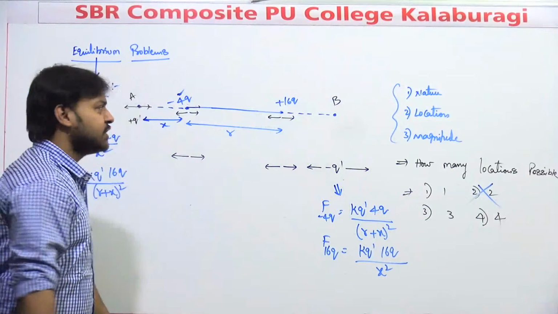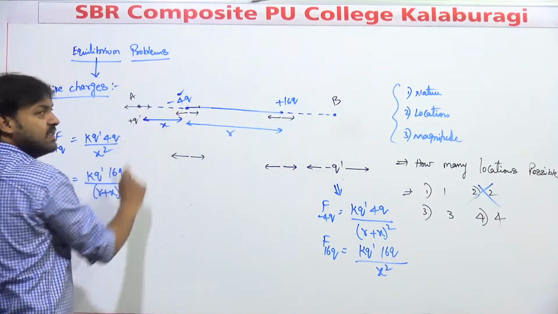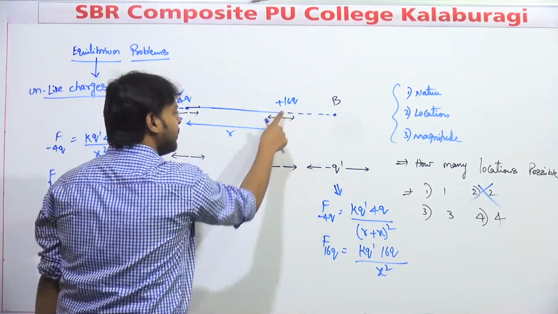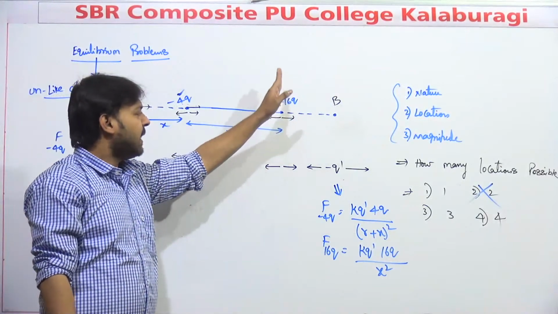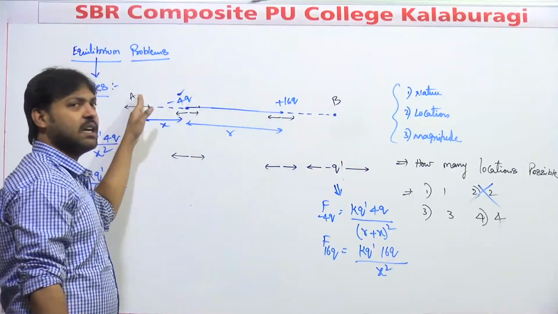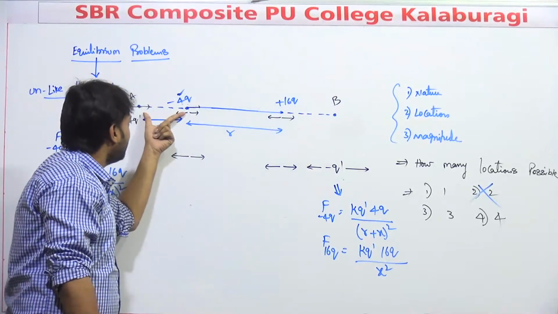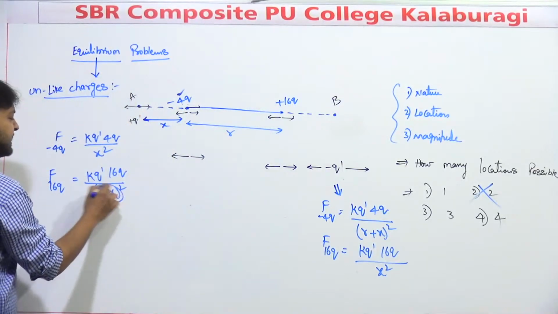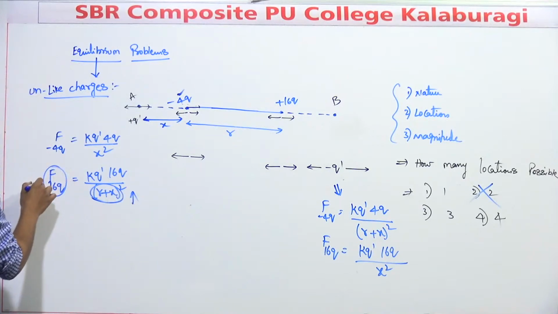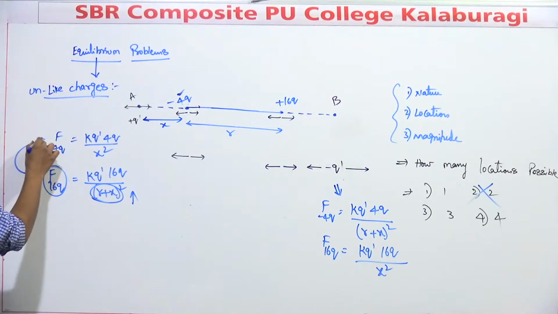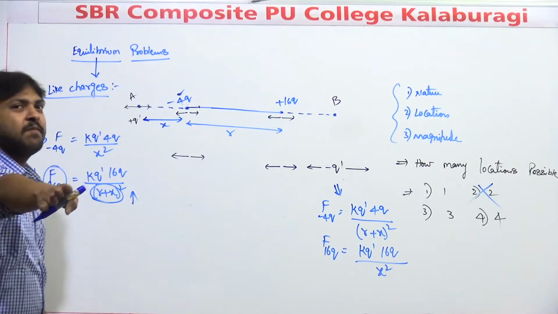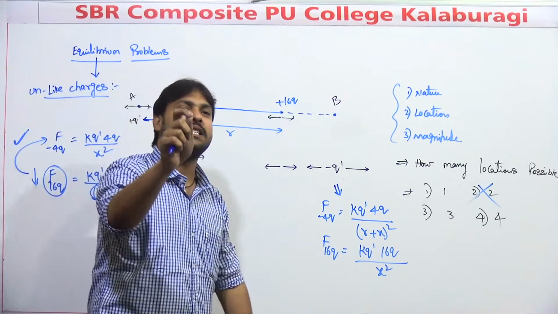Think about that. Lesser magnitude, less distance. More magnitude, I have to move more distance such that the force by 16q on this q dash equals that of 4q. The distance is more so the force will be less, and at a particular distance these two forces can be the same. Then only equilibrium chances will be there.